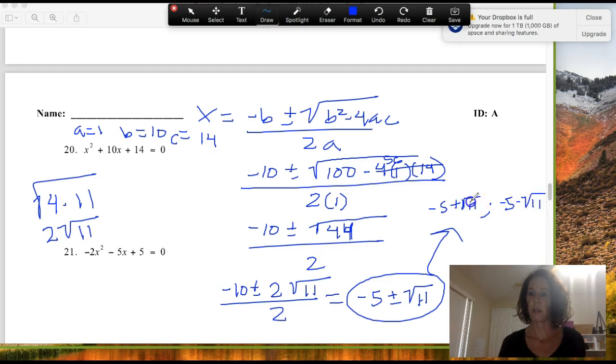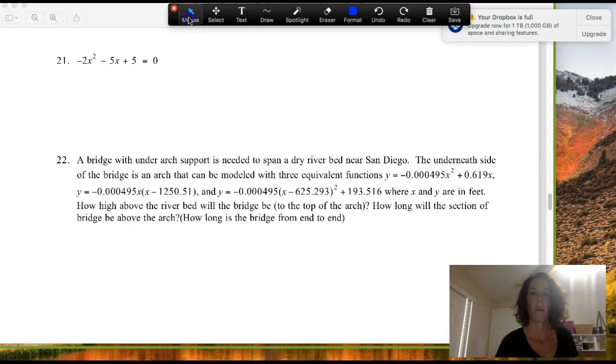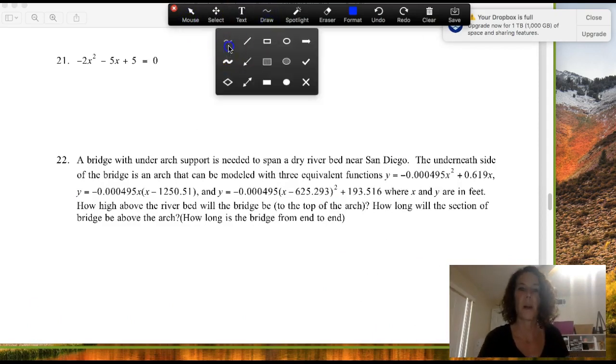And that doesn't look like an 11 there, but it is. All right, and that's how you would do number 20. If you put this in decimal form, just be aware on the online test, they will probably have it in root form. Okay, looking at number 21, how do I want to solve this?